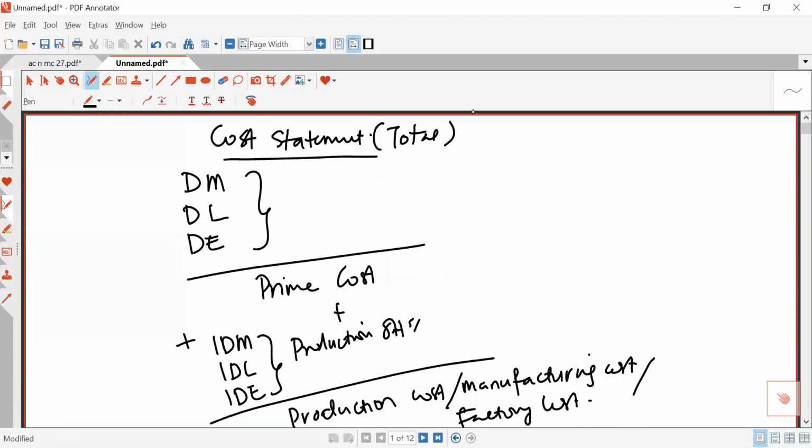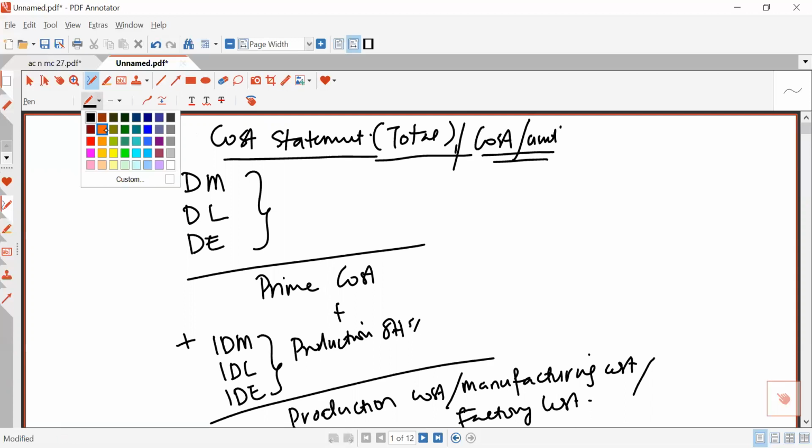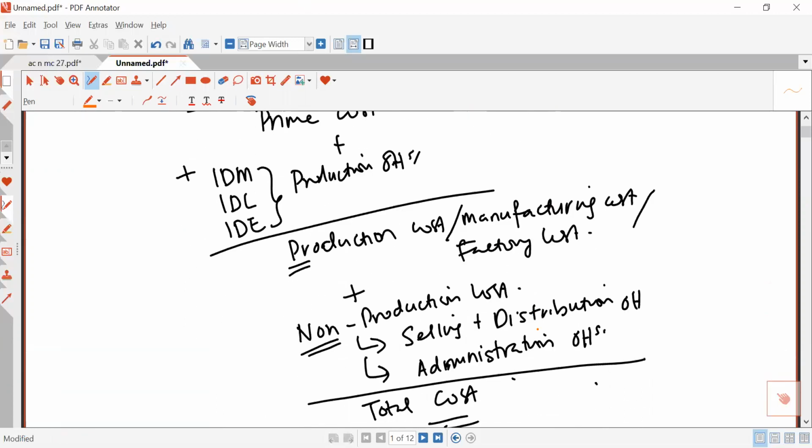But in this chapter, our concern is to calculate the cost per unit. We'll calculate the whole thing until the total cost per unit.